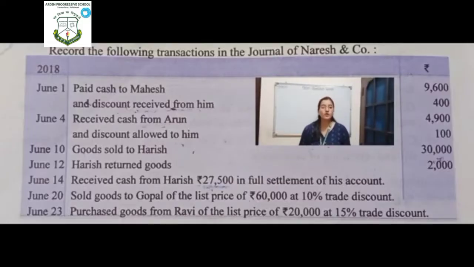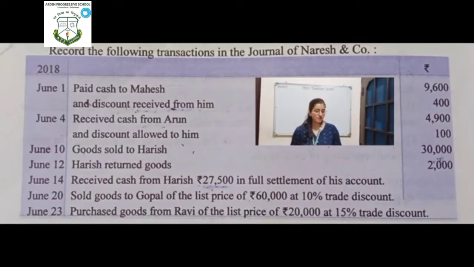So now we will be solving numerical question based on the treatment of discount. Question is, record the following transaction in the journal of Naresh and Company. In 2018, on 1st June, paid cash to Mahesh and discount received from him.